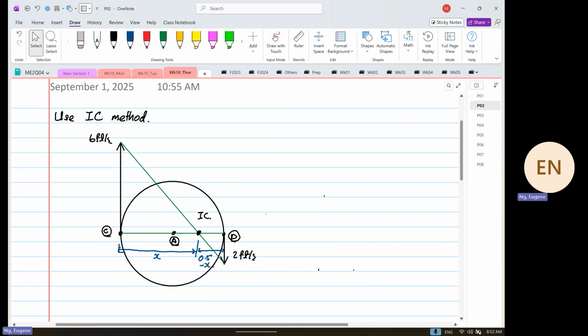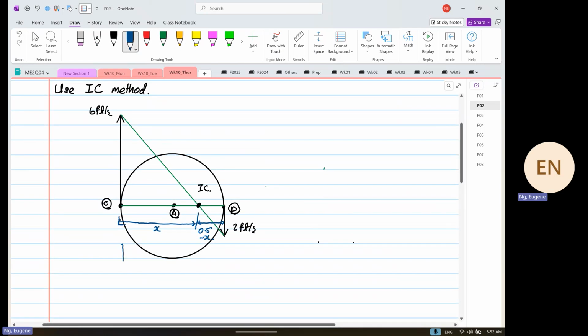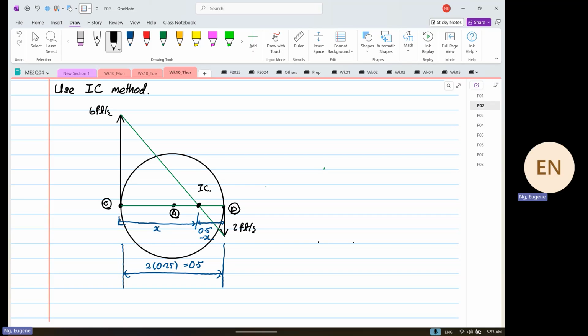This is because the entire diameter is equal to twice 0.25, which is 0.5. That's the only reason. So they all share the same gradient as you can see, so we have delta y over delta x.